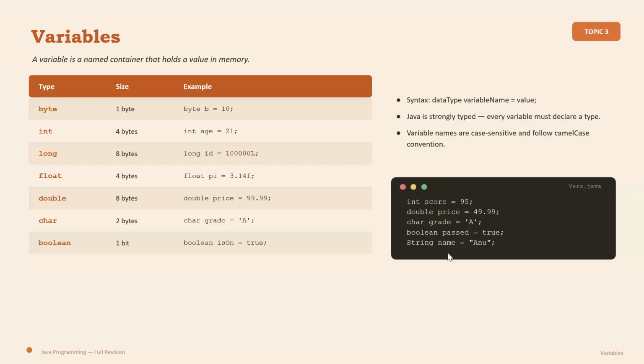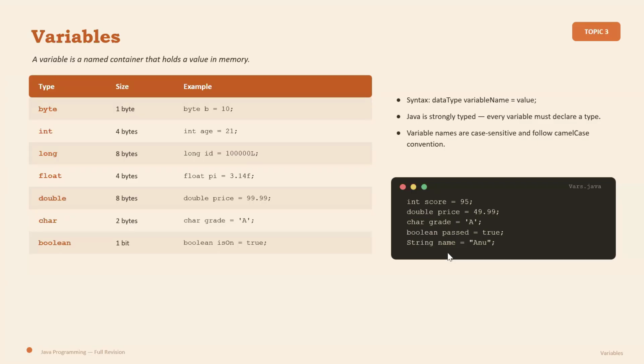For example, if you are trying to store the age of a student, it should be stored as an integer number. And a student's name should be stored as text, so the data type will be string. Java needs to know the type of data before storing it.